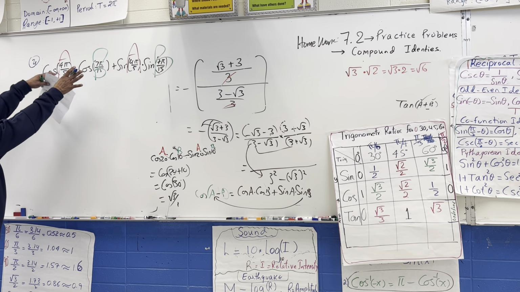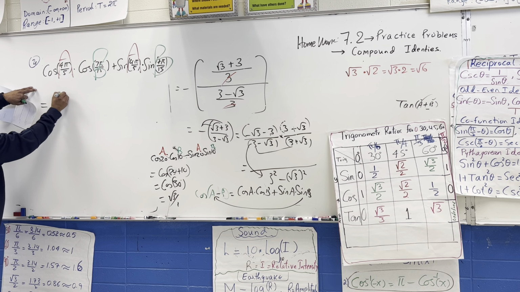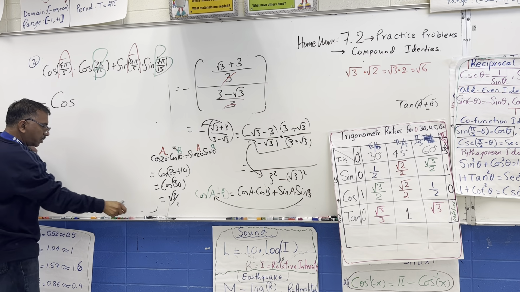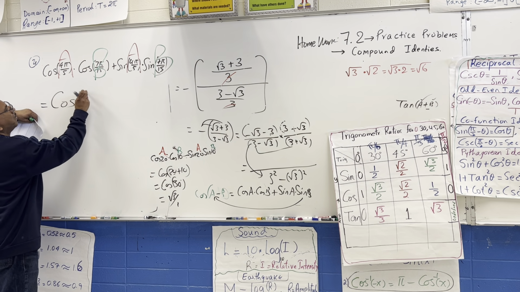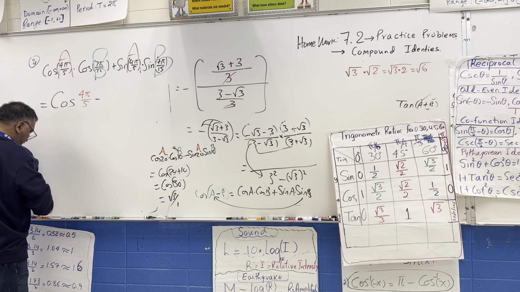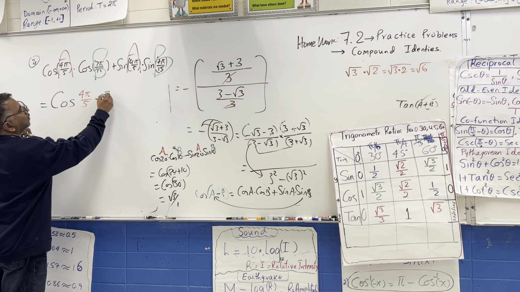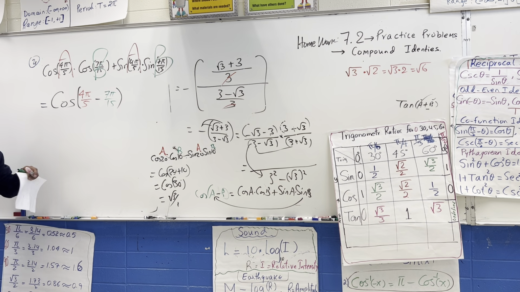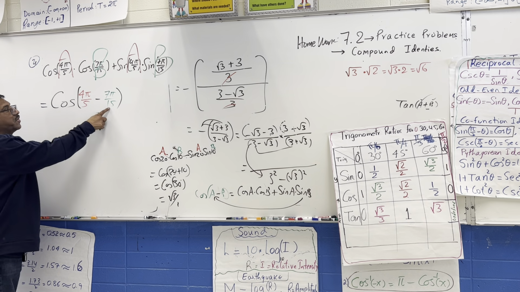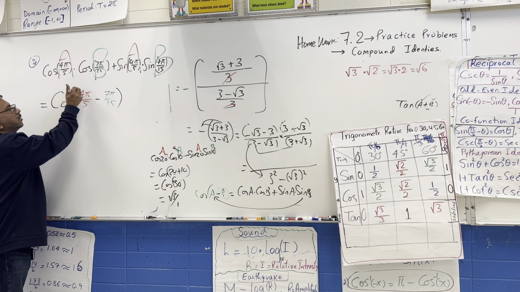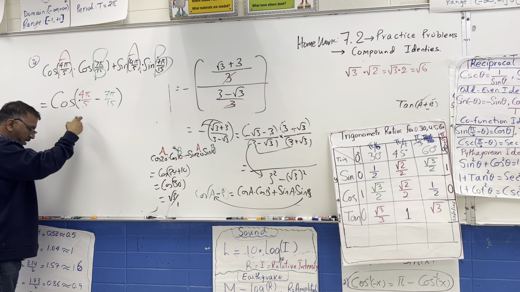Anyway, bottom line, let's do this. This is cosine. So what should I write? Cosine of the A. What is A? 4 pi over 5 minus 7 pi over 15. Is that okay? And now be careful, this is 15 and that is 5, right? So what do you multiply to get that 15 over here?